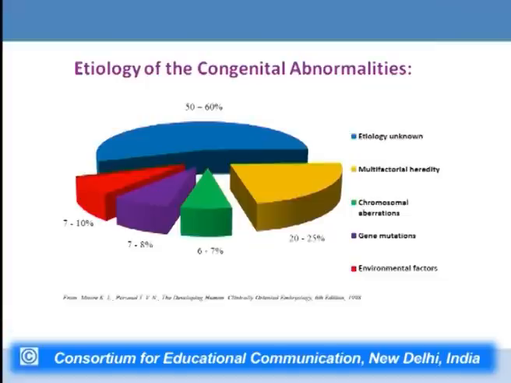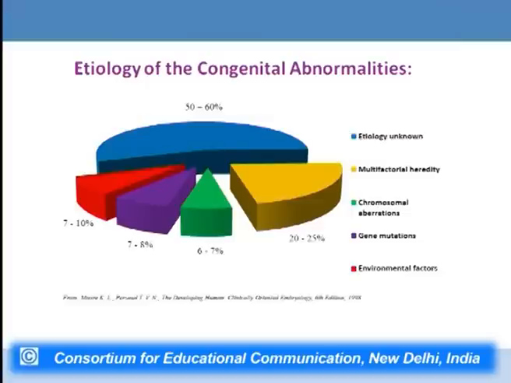Then chromosomal aberration leads to the formation of about 6 to 7% of the congenital abnormalities, and gene mutations cause about 7 to 8% of the abnormalities, and only the environmental factors are causing about 7 to 10% of the total congenital abnormalities in the individuals who are born.